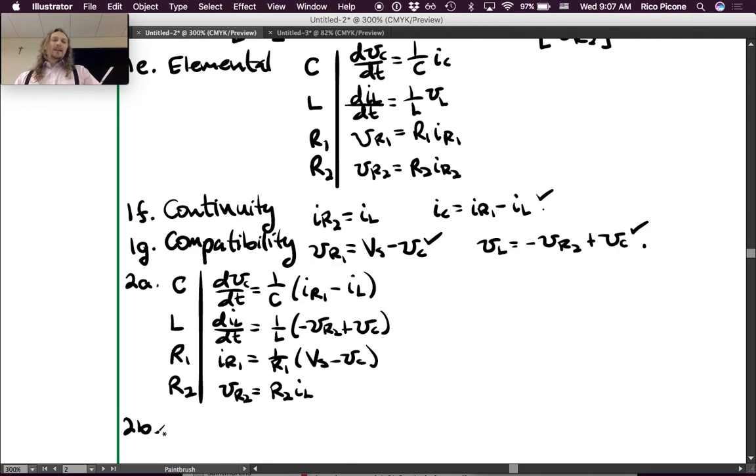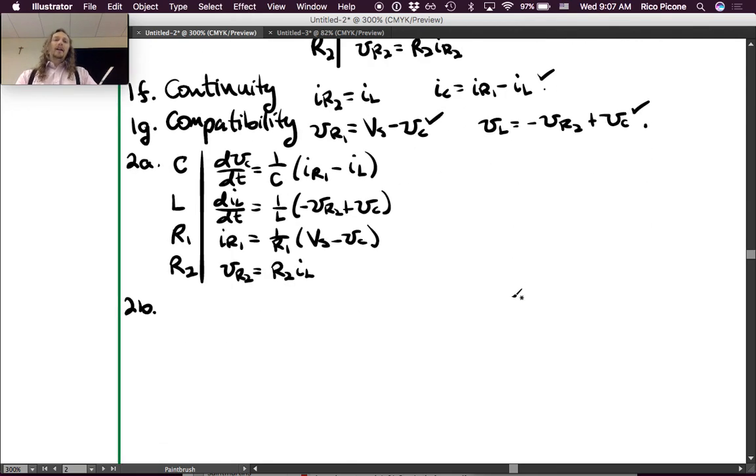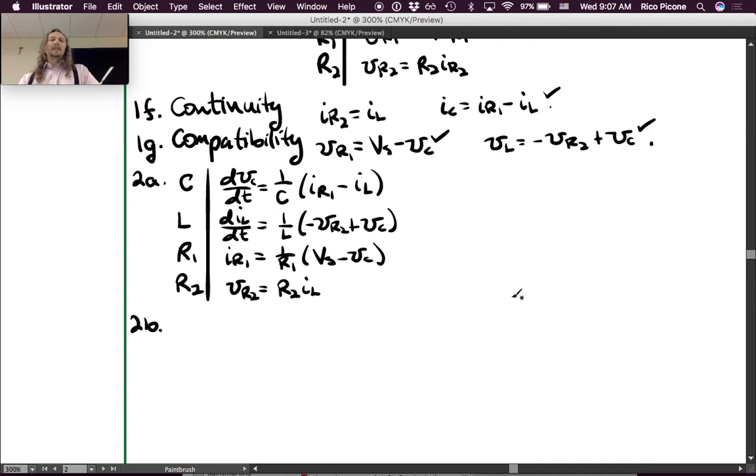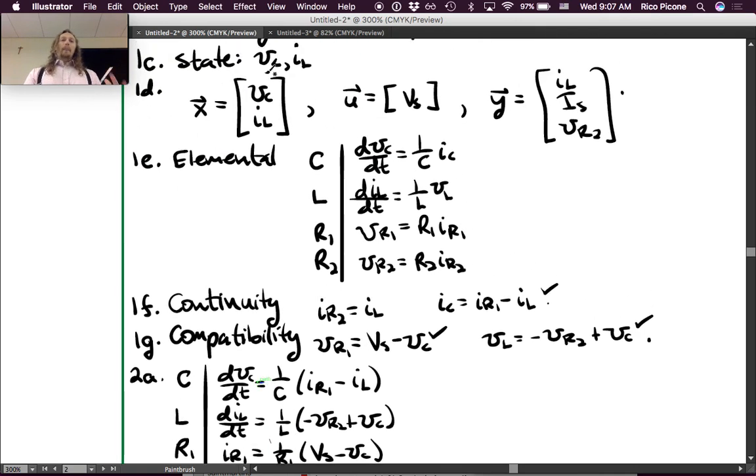2B is the part where things can get a little hairy, but we're going to see what we can do. I don't have my notes on this one, so we're doing this live and in full color. So let's see if we can eliminate the non-state and input variables. Our state variables are VC and IL, right? So those ones are good.